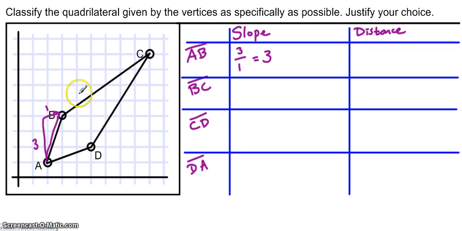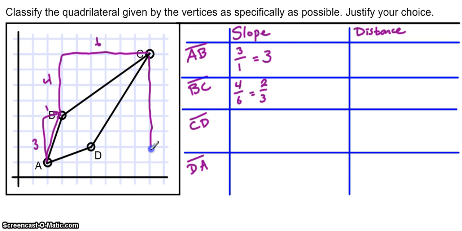Alright, from B to C, let's see. 1, 2, 3, 4. 1, 2, 3, 4, 5, 6. So that's 4. That is 6. So my slope is going to be 4 over 6, which simplifies to 2/3. From C to D, 1, 2, 3, 4, 5, 6. 1, 2, 3, 4.